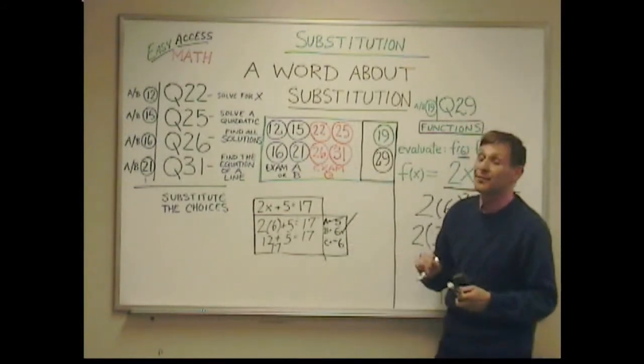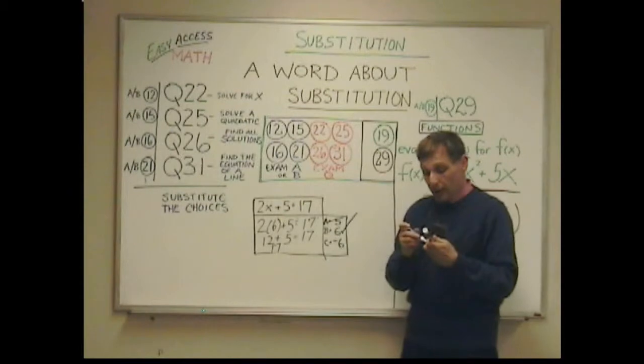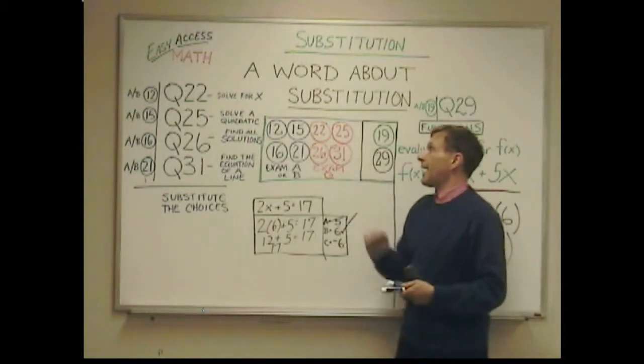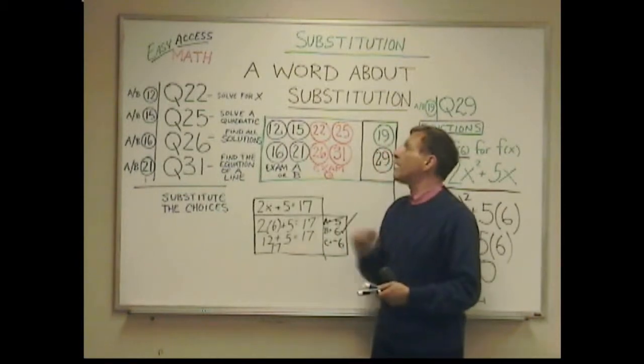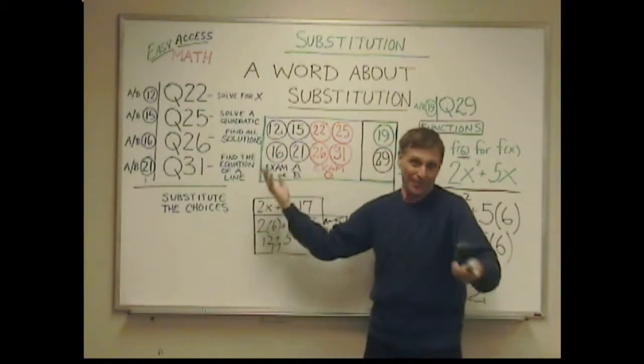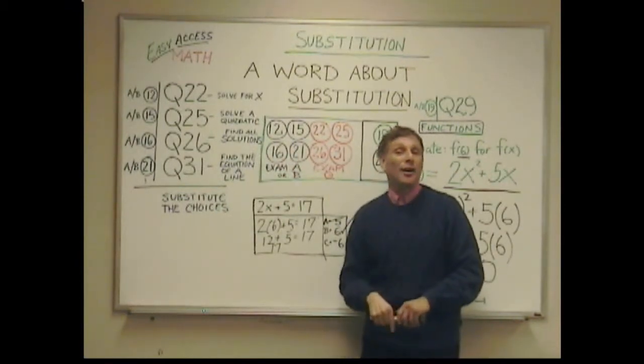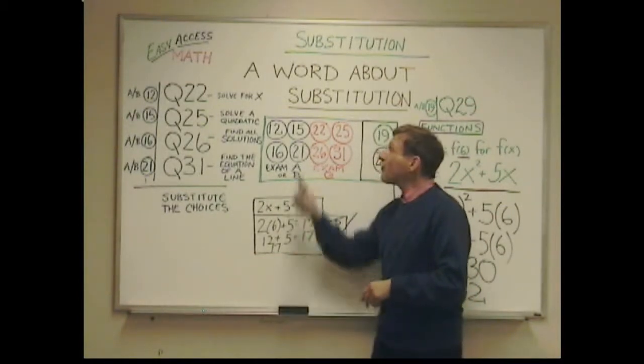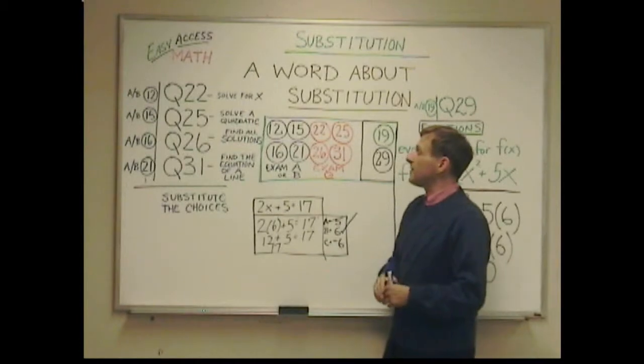If you tried -6, it would not work. So there's where I use choices: solving for x, solving a quadratic, finding solutions. Solutions is another way to say the word solve. There you can test out your choices.